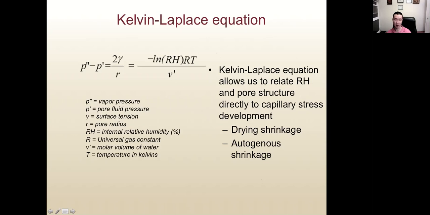As a result, shrinkage will be reduced. So the Kelvin-Laplace equation allows us to correlate relative humidity, the pore size, and also surface tension of pore solution into dry shrinkage stress. So sometimes we can even quantify how much shrinkage certain concrete will experience.